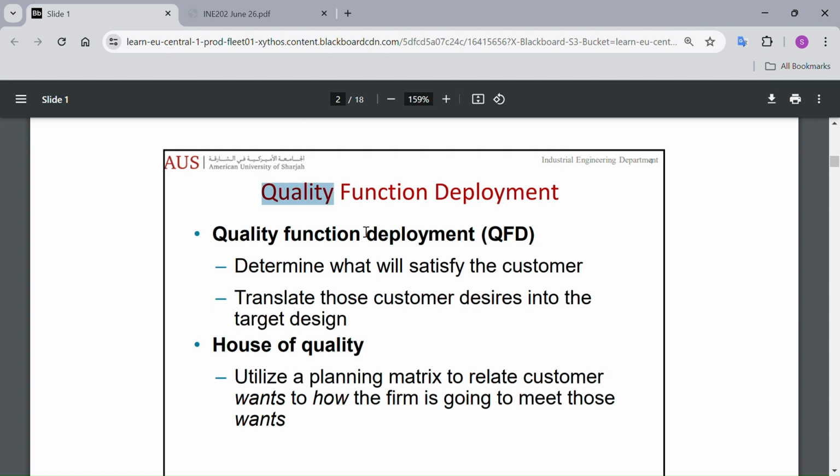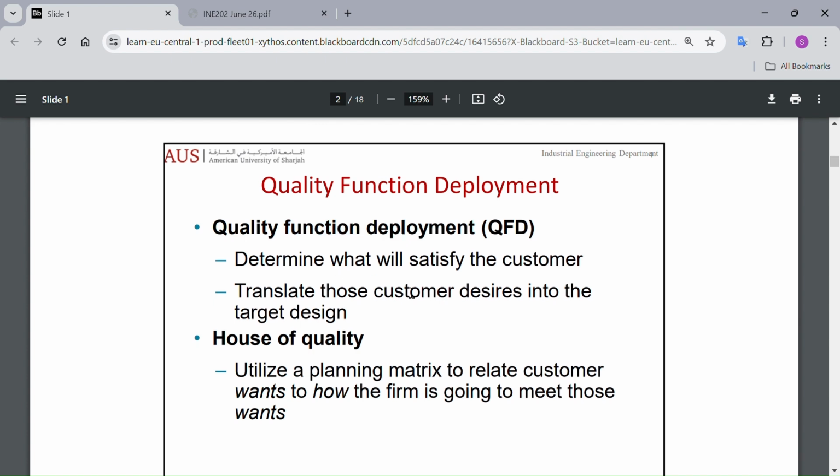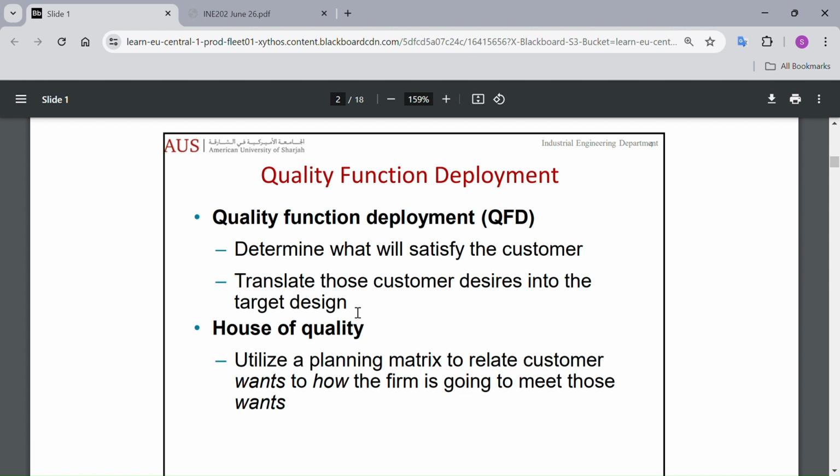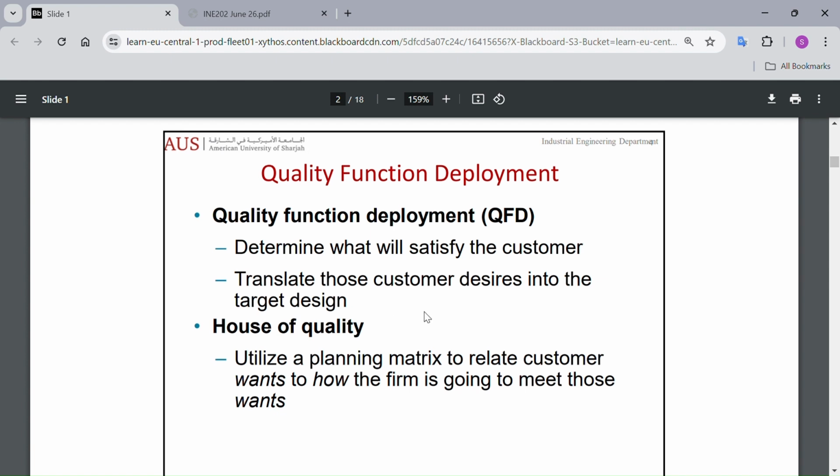Now, quality function deployment, QFD, determines what will satisfy the customer and translates those customers' desires into the target design. And there's the house of quality, which utilizes a planning matrix to relate. So the house of quality is basically a matrix we develop to try to meet the customer wants using some criteria.